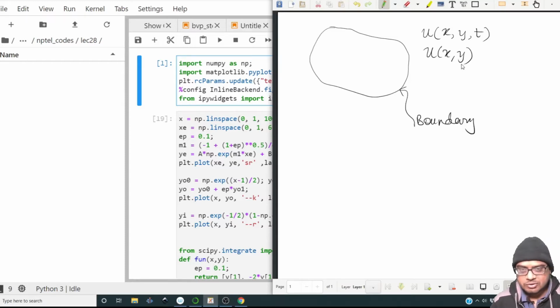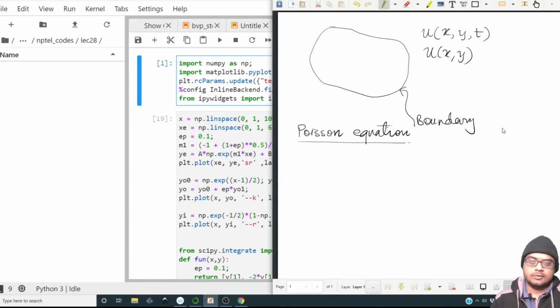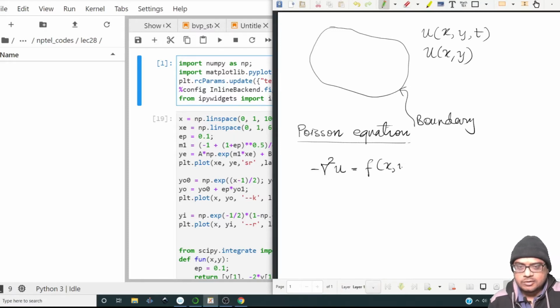And in this particular lecture, we're going to be solving a Poisson equation. In particular, we'll be solving minus Laplacian of u equals some f of x comma y.